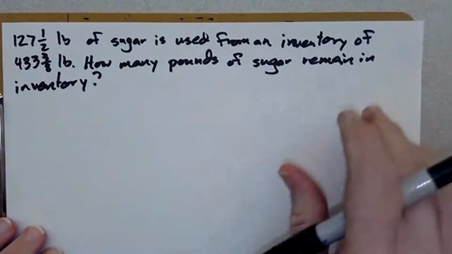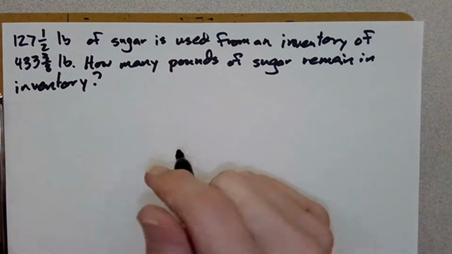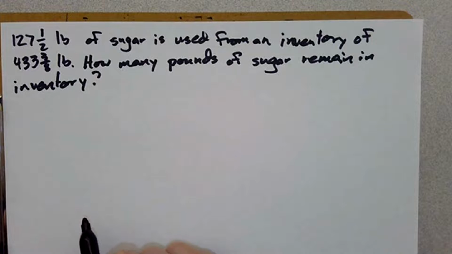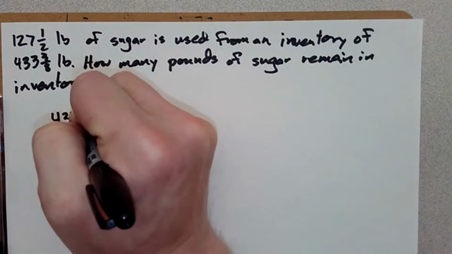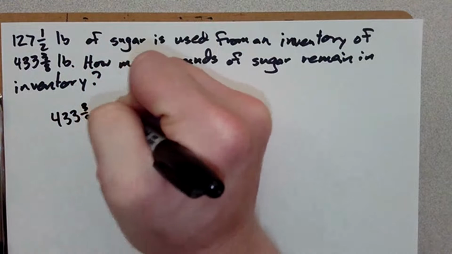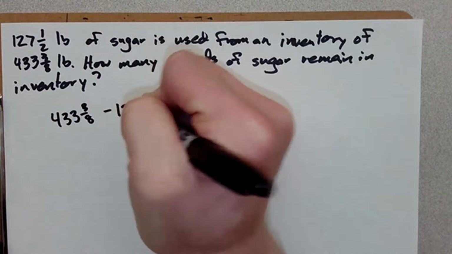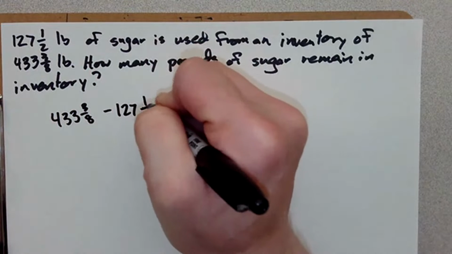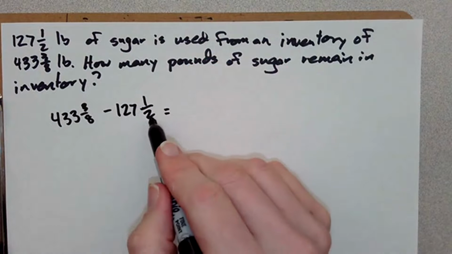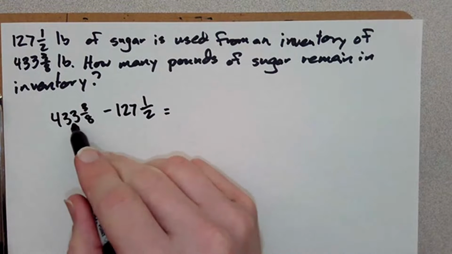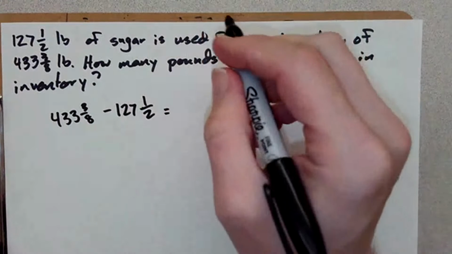127 1/2 pounds of sugar is used from an inventory of 433 3/8 pounds. How many pounds of sugar remain in inventory? Okay, well, this becomes 433 3/8 minus 127 1/2. Okay, so I'm going to break it up, but again, since 3/8 is less than 1/2, I'm going to take a whole and add it to my eighths.